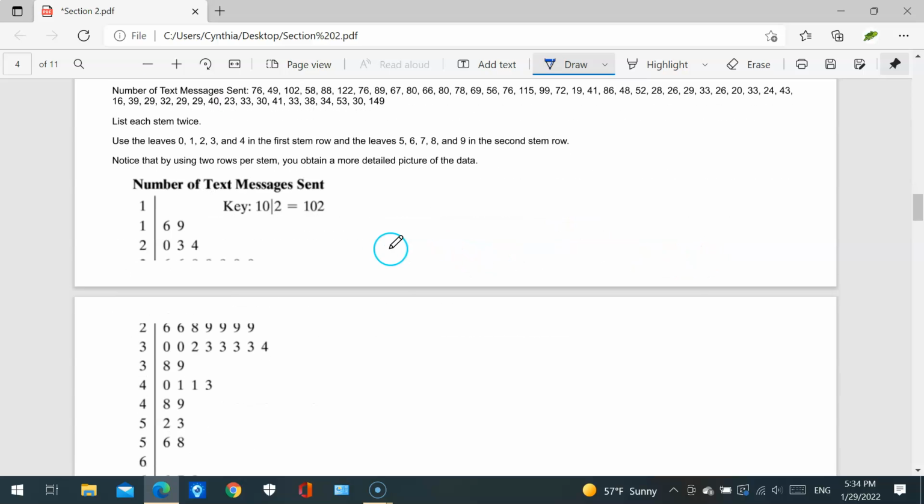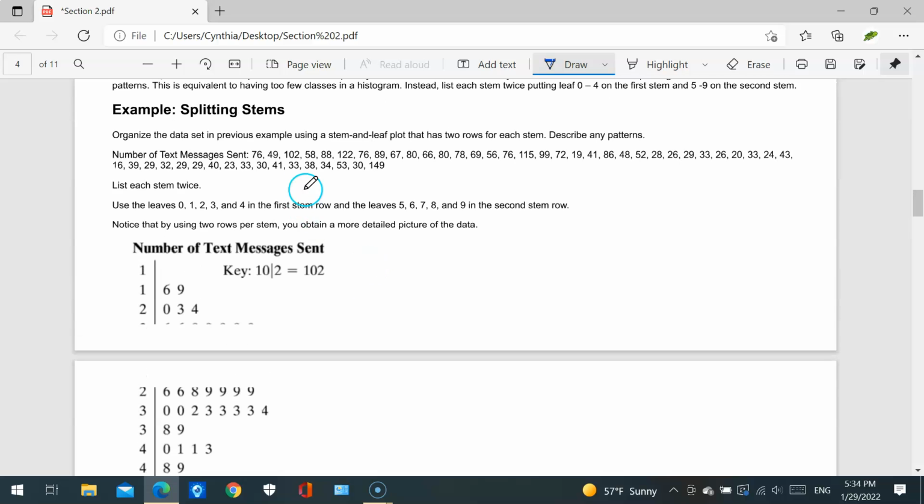Another presentation of the stem and leaf plot has 2 stems, especially when you have raw data with a lot of values, for example 12, 13, 14, 14, 15, 14, 11, 10, 12, and then 17, 18, 17, 19.